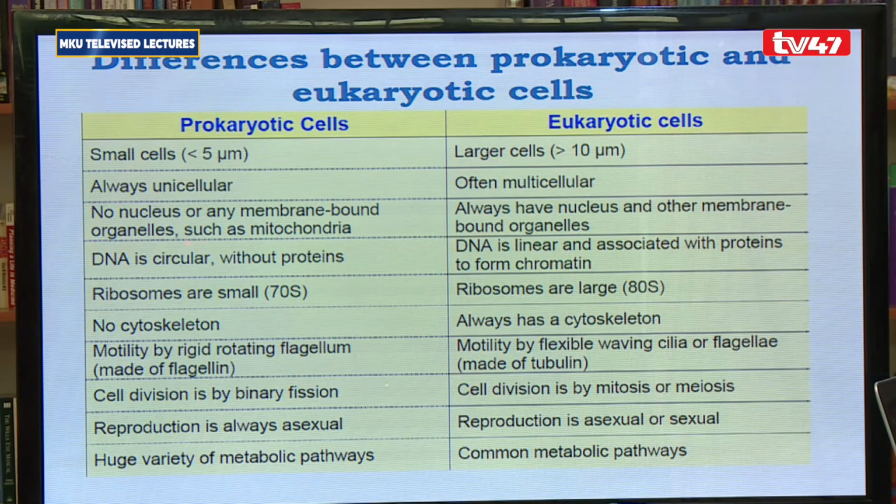Like we said, prokaryotic cells do not have a membrane around the nucleus, and they also lack membrane-bound organelles. Eukaryotic cells have a nucleus which is membrane bound, and they also have many organelles which are membrane bound. The DNA in prokaryotic cells is circular.